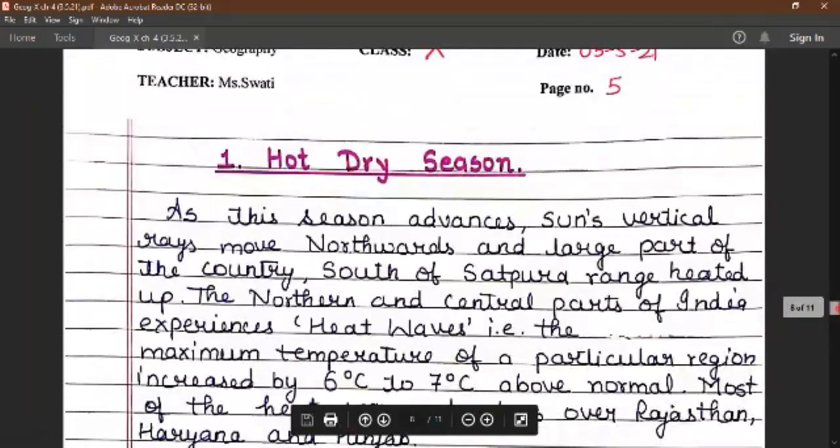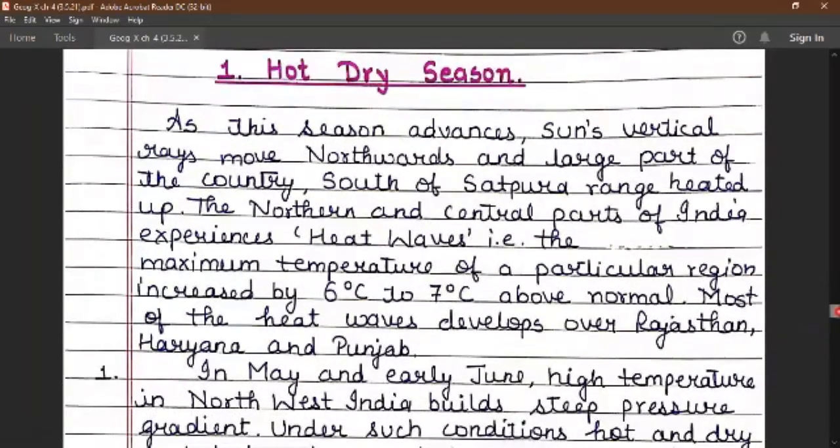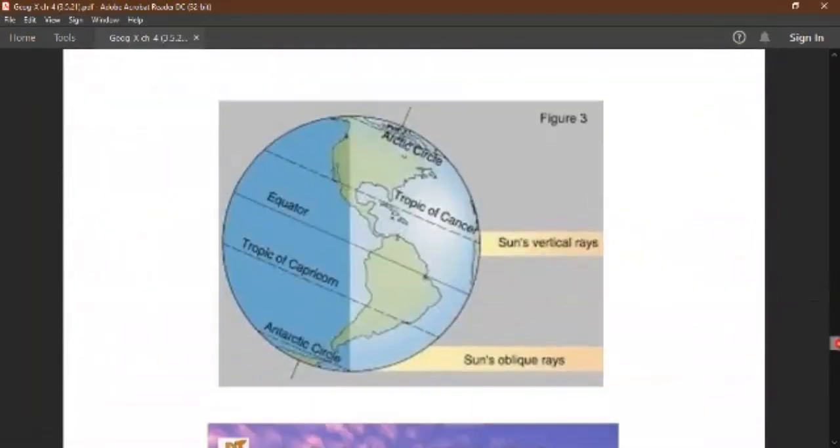Now we will take up the first season as the hot dry season. As this season advances, the vertical rays of the sun move northward and large part of the country south of Satpura range heated up.